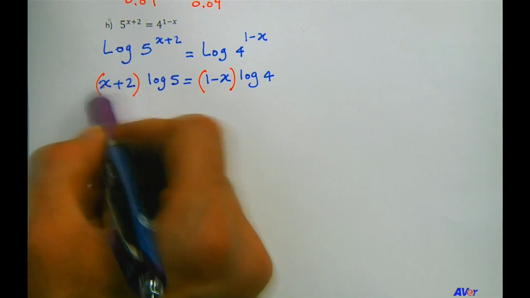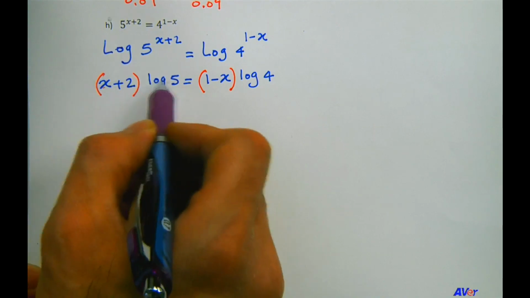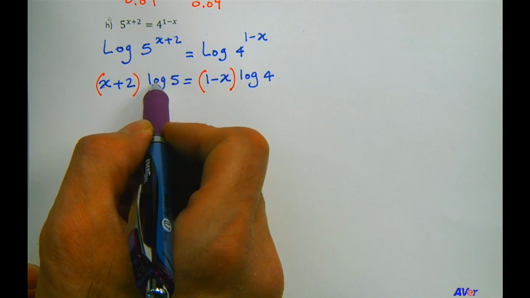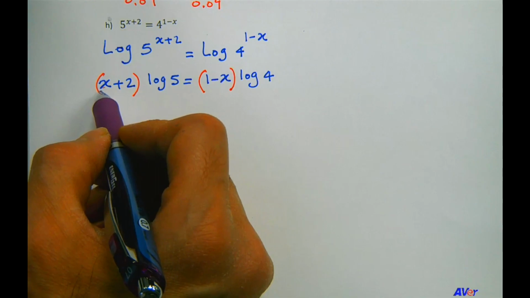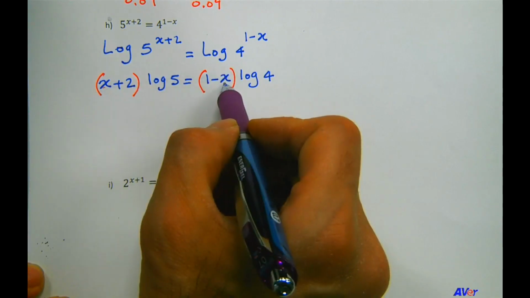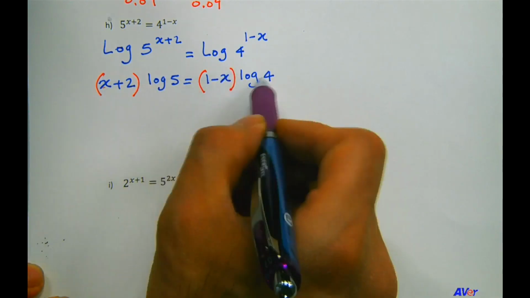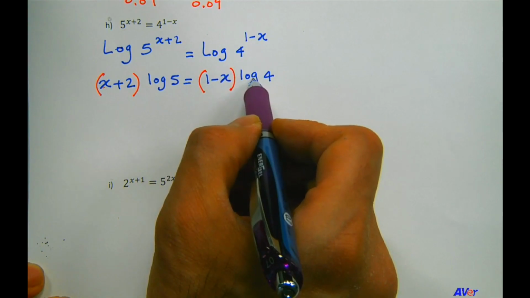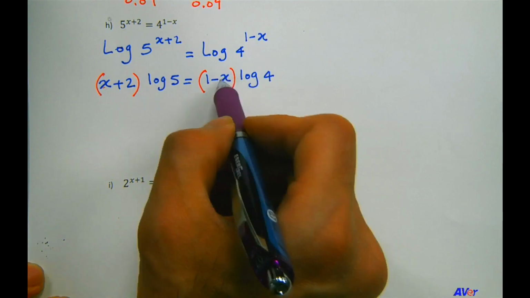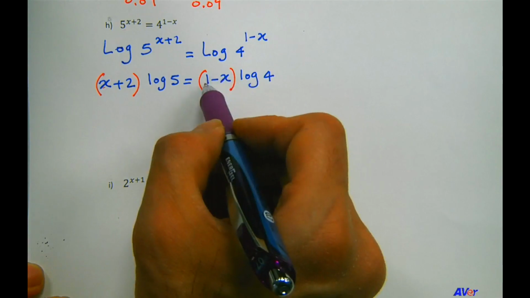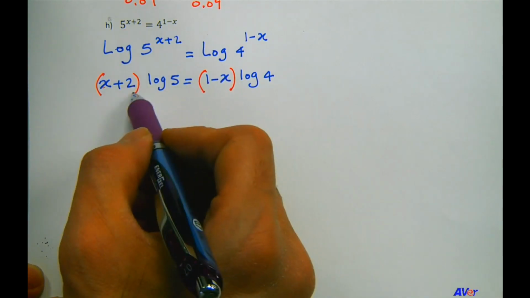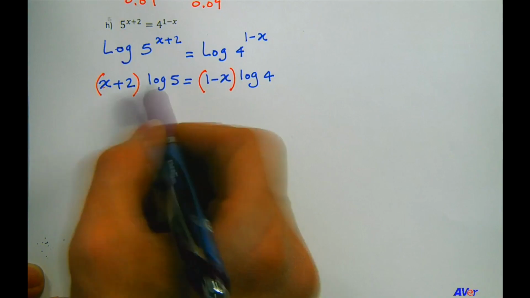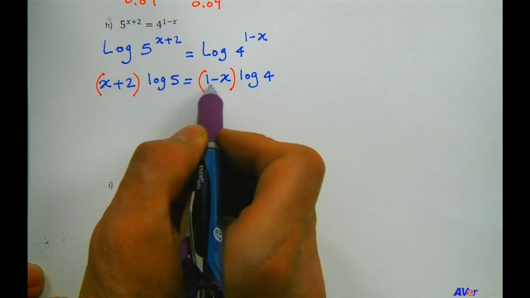But before you put the parentheses, log of 5 was set to distribute itself just to 2, but not x. On this side, without the parentheses, log of 4 was just set to distribute itself to negative x, but not 1. So do you see, if you forget the parentheses, you're going to generate 2 errors, one on this side and one on that side.